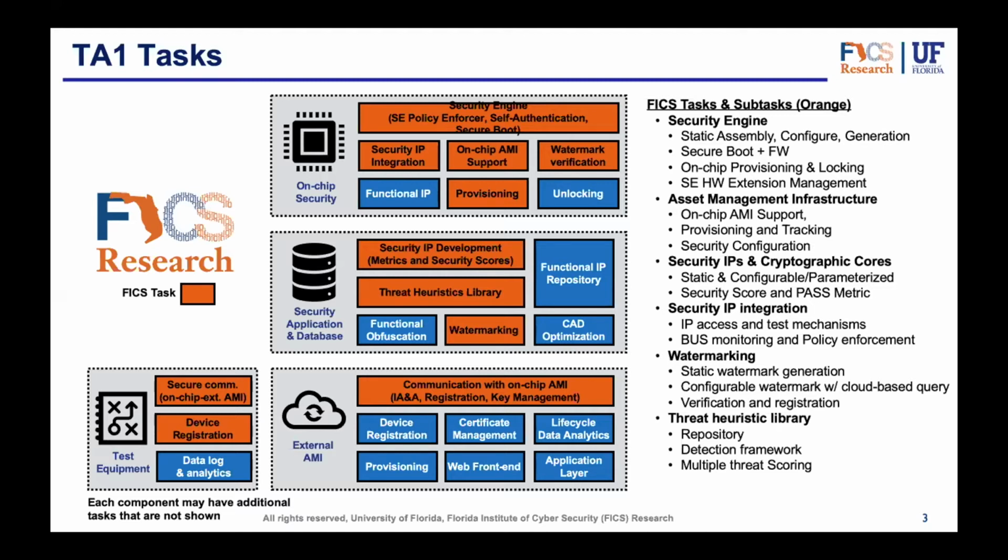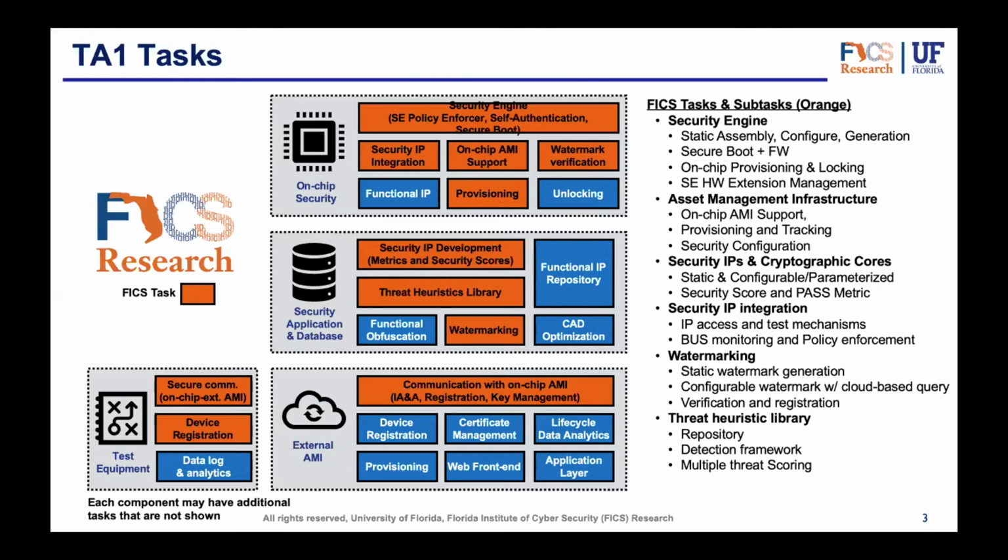There are other important components. On the on-chip side, we have watermark generation and verification. We have on-chip AMI support. Security IPs of different types have to be developed. Provisioning has to be done.